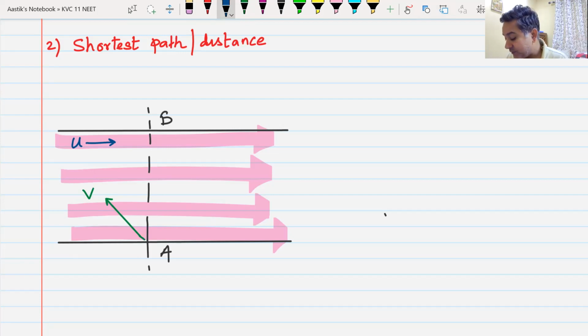Then your U should add up and your final velocity should become like this. If your final velocity becomes like this, you end up at the exact opposite end.